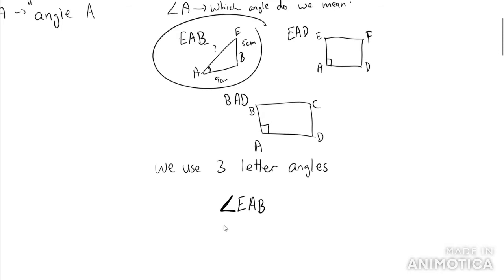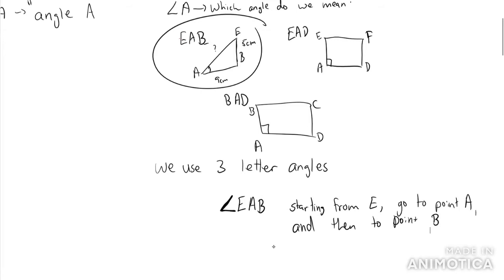And how I read this is starting from E, go to point A, and then to point B. So the way I can think about it is the middle letter is where my angle opens up from, and the edges of the angle go to these points.